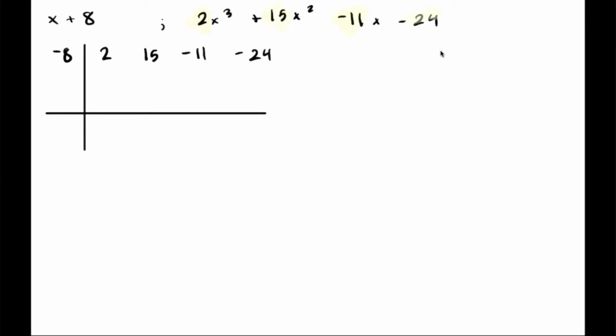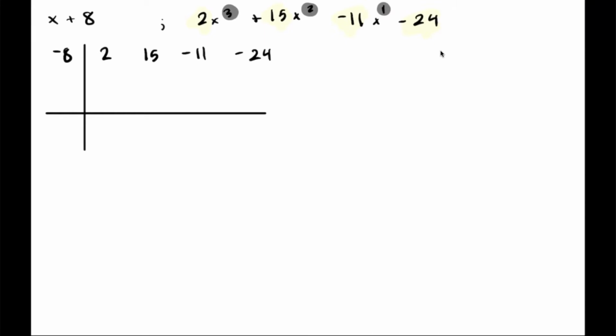Because if you can see here, the exponents aren't missing any integer. It's 3, 2, and 1. We don't have 3 then 1 directly. You have 3, 2, 1, which is proper, and that means that you don't really need to add any zeros in that case.